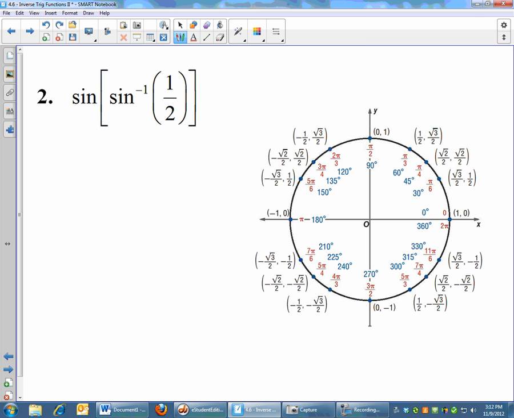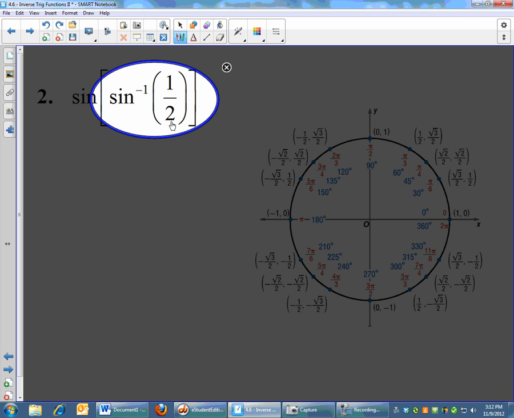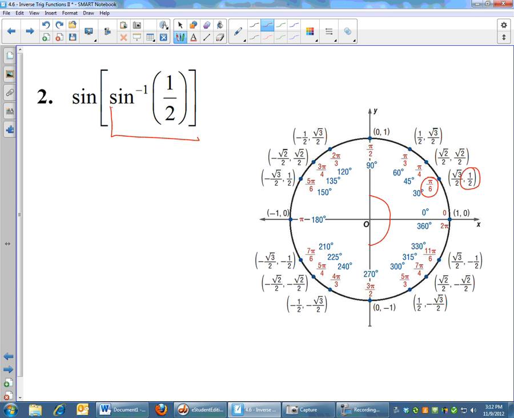The inverse sine of 1/2 means I need to find on my circle where my y-coordinate is 1/2. But remember, for inverse sine, you only look at the right side of the circle. So here, my y-coordinate is 1/2 right here. So the inverse sine of 1/2 is pi over 6.